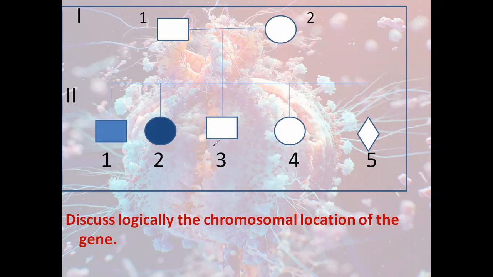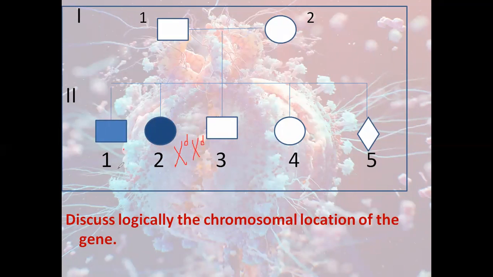Draw it on a draft paper and then discuss it. Or if you have the question sheet or the exam sheet, you can use it as a draft using a pencil. So if you try it using the pencil, for example, if it's located on the non-homologous part of X, this individual is going to be, let's say, X^D, for example.